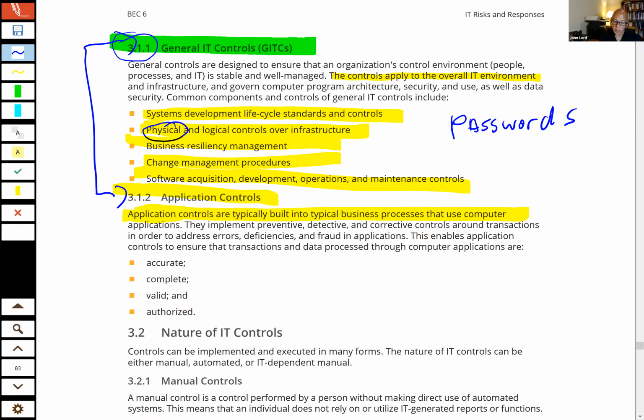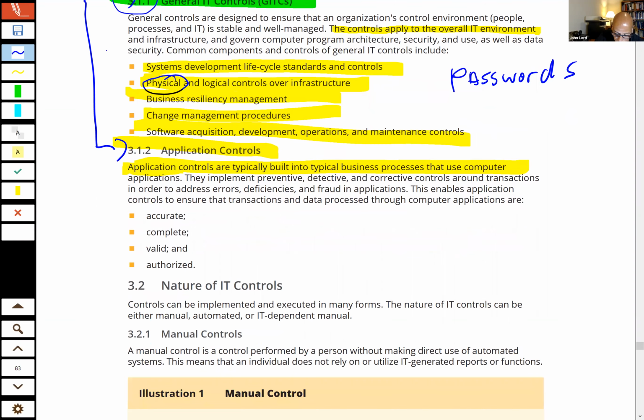I mean, who cares if we have a control over payroll if we're vulnerable to disaster recovery in our overall system, right? And so, yeah, the general controls are typically the more important, Serena, than the application controls. Okay, but they're both important, but the application controls rely on the general controls.